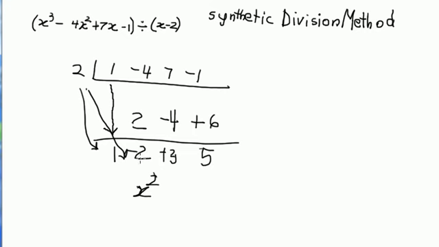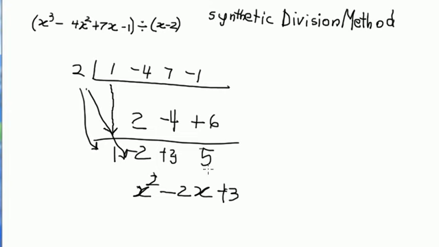The next term has a coefficient of -2, so minus 2x, plus the constant of 3.